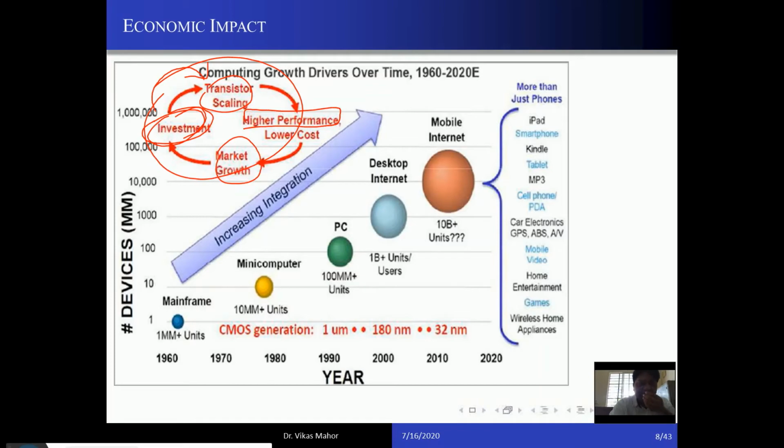That means more speed, as you have seen in your mobiles: a 2 GHz processor, then a 2.2 GHz processor, then an octa-core 2.4 GHz processor, and till today you are getting the Snapdragon 3 GHz processor. So how is it able to do this? You are scaling the transistor of that processor, then you are getting higher performance and lower cost, and because of lower cost, the market has grown more and more.